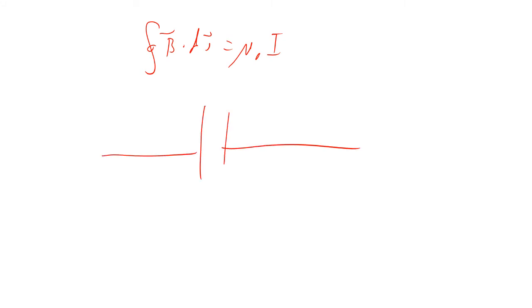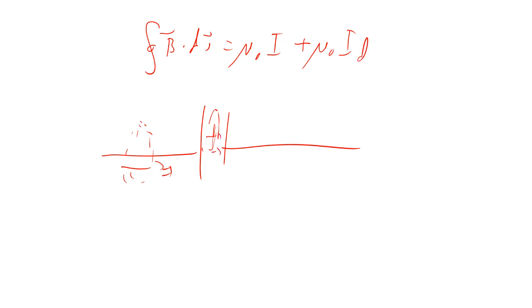Well, let's go back to Ampere's law. Ampere's law: integral B dot ds equals mu naught I. Well, what if there's no I? Because that means that if you do the integral B dot ds out here, you're perfectly fine because you have an I. What if you do it around here? Well, there's no I, so Maxwell would say that in this area right here, you would use mu naught times the displacement current. So it's acting as if there's current in there.